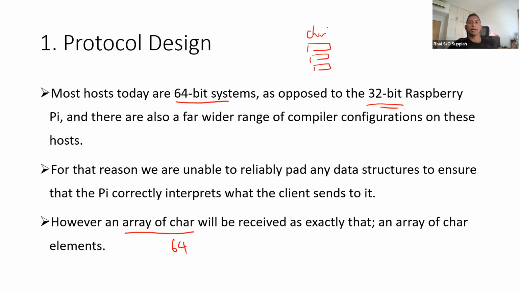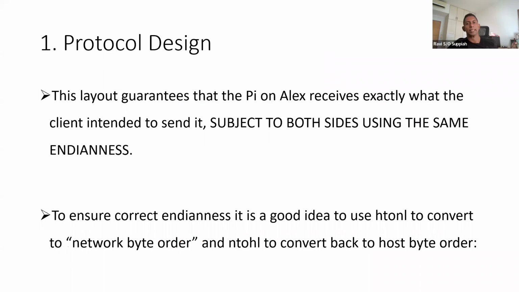Whereas if I declare character, integer, and so on, then everything will be mixed up. Because of the padding and all these compiler dependencies, we can't say exactly how many bytes it will occupy. So that unknown variable makes it safer to use the array approach when you are communicating over the network.